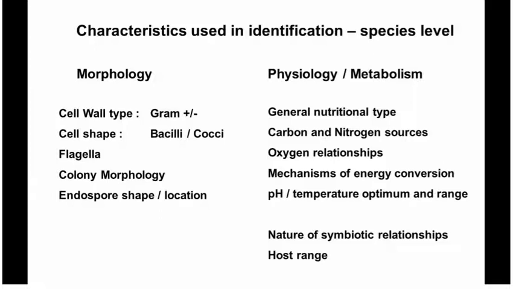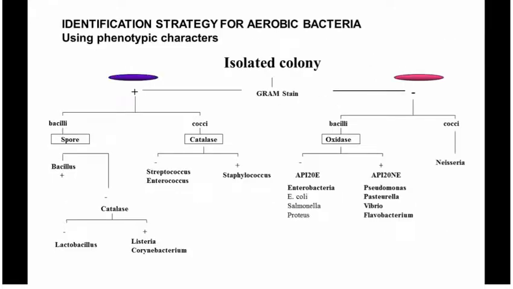And then for bacteria that are involved with other organisms, whether they're pathogens, whether they can infect, what kind of animals they can infect, what are their symbiotic relationships. So these are all part of a description of bacteria. That's the kind of information we can get, and with just a few simple tests, you can begin to identify unknown bacteria. And this is what you're going to do in the lab classes, okay?